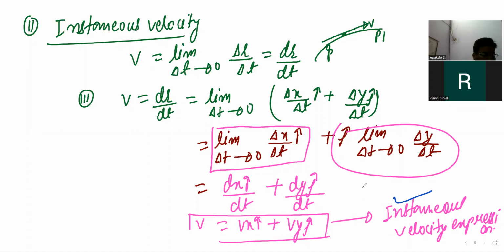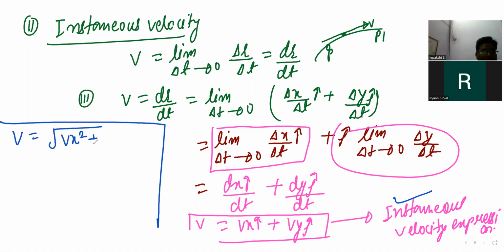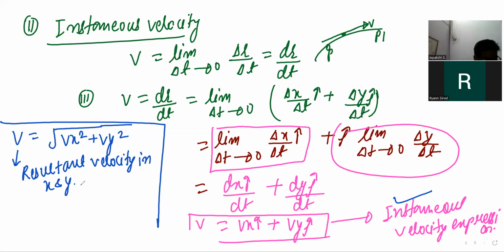Now, when we have to find the resultant of this velocity, how can we find it? So v will be under root of vx square plus vy square. So this will give the resultant velocity in x and y direction, right?